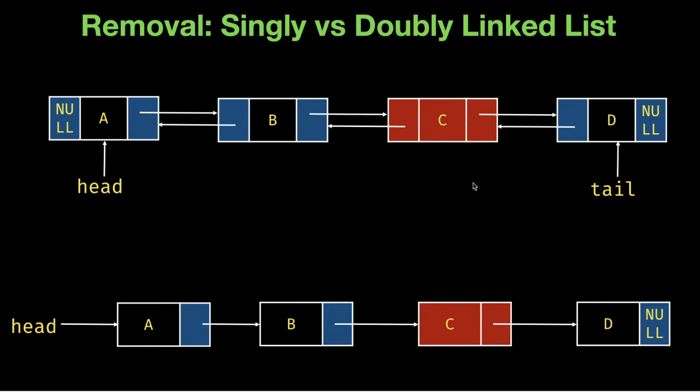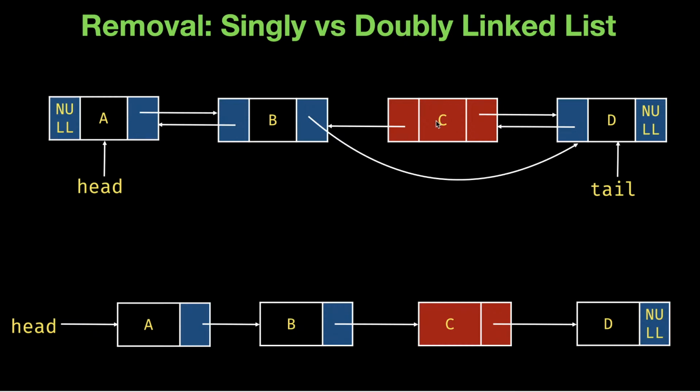So for doubly linked list, we can go to the previous node B, and then we can manipulate this pointer to just point to the next node after C, right? We can do this because we have this pointer pointing to the previous element. Starting from C, we can go back to B and then manipulate B's pointers, right?